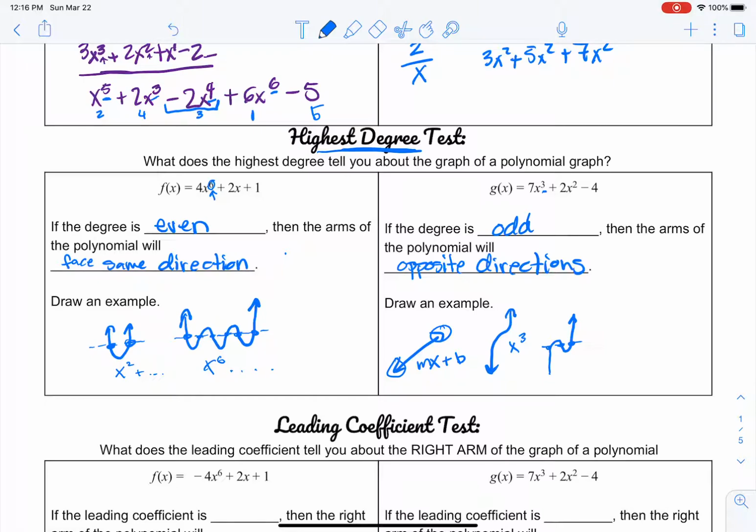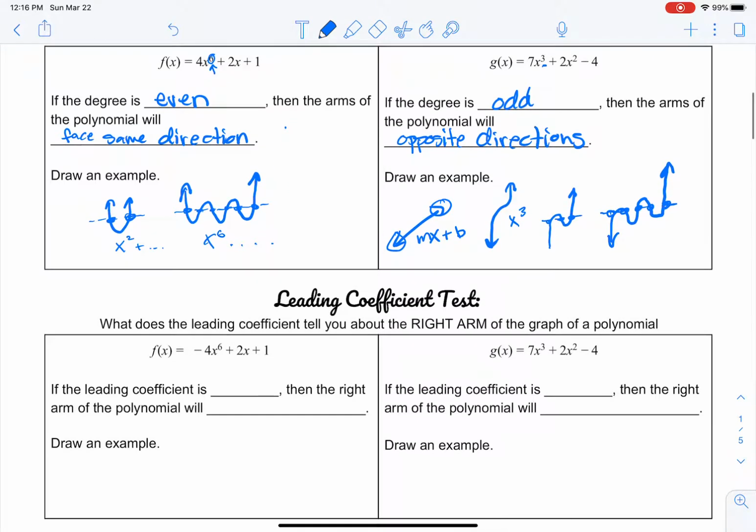Again, that's x to the power of 3, a cubic function. If you then had x to the power of 5, it would cross a maximum number of 5 times. So if you were to draw your imaginary x-axis, 1, 2, 3, 4, 5 potential x-intercepts, 5 potential roots. We'll talk about that again next week, so don't worry too much about that now.